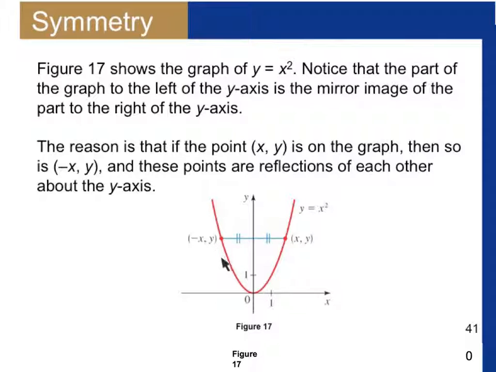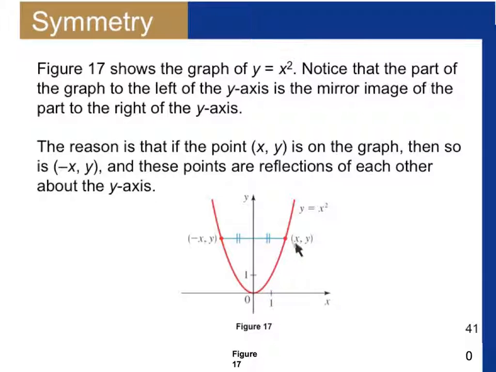Okay? And that happens because the distance from the y-axis, the horizontal distance, is the same on both sides. You can see that double bar means these two are the same distance away from the y-axis. Okay? And that's true for any of these points.